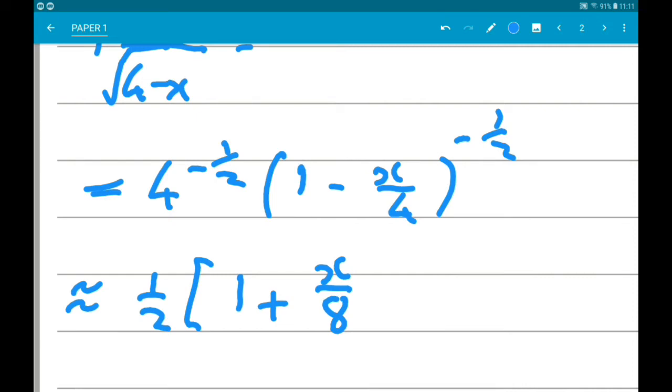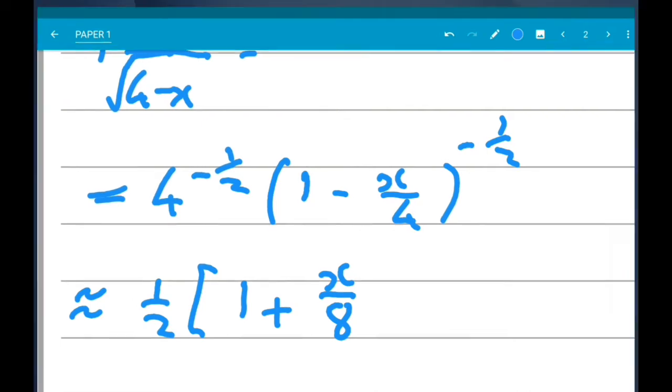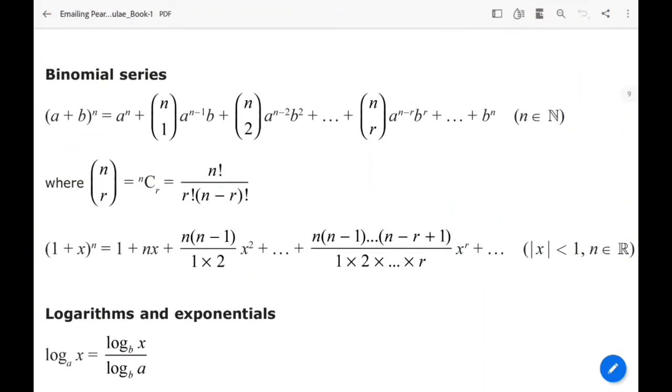Okay, and then the next one is n times n minus 1 x squared over 2. But remember, x squared for us is minus x over 4.